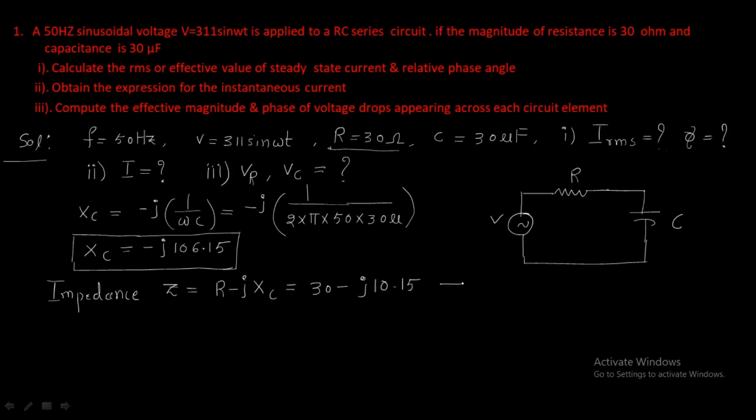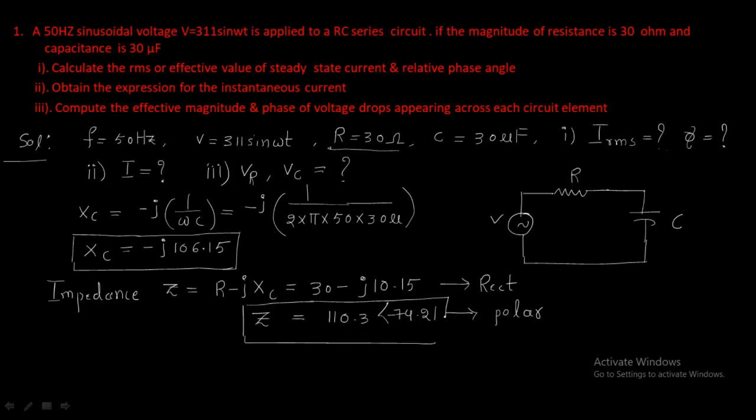This is in rectangular form; better to convert it into polar form, which means magnitude and angle. By converting to polar, we get impedance Z equal to 110.3 at an angle of minus 74.21 degrees. So this is the impedance value.